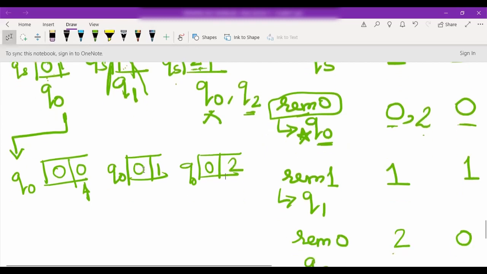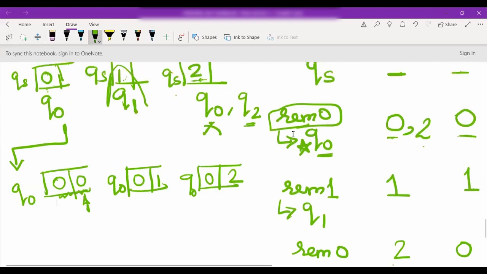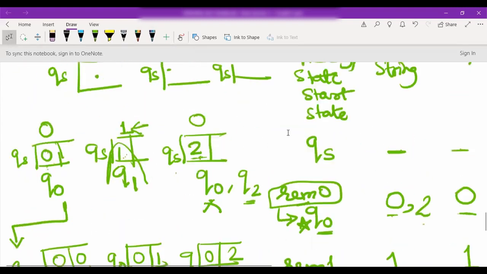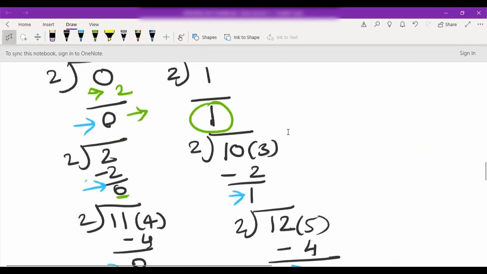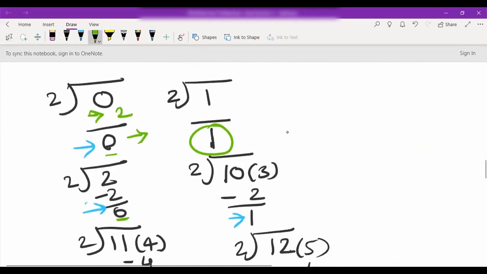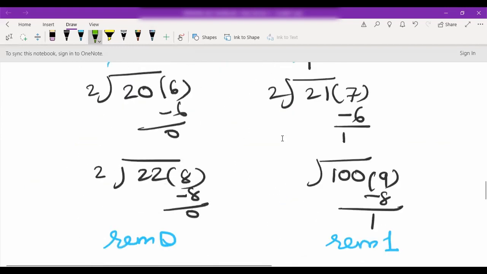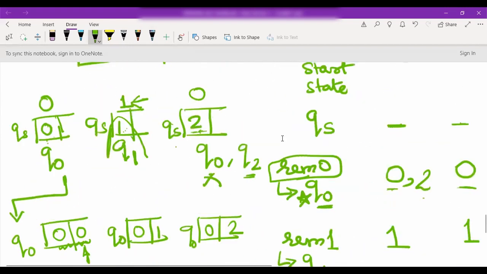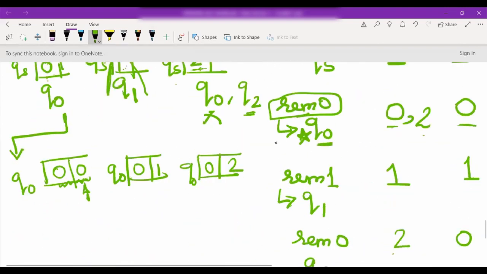So when we are having 2 bits 0 0, this is nothing but the number 0. What was the case with the number 0? It is generating the remainder 0. Which state is representing the remainder 0 condition? That is nothing but Q0.